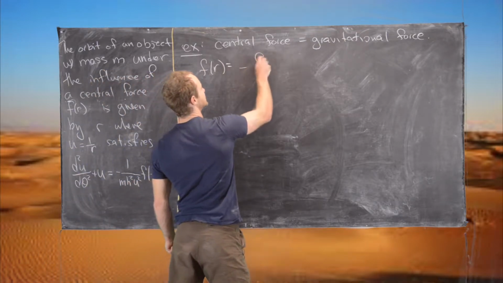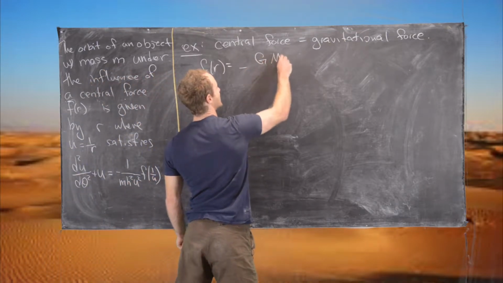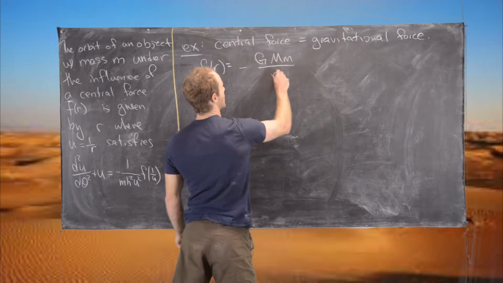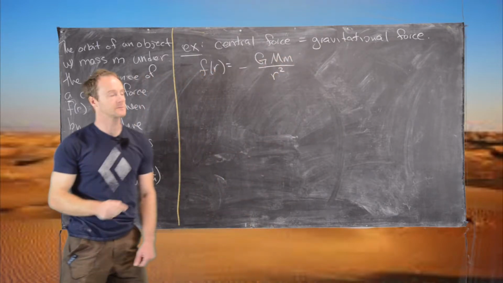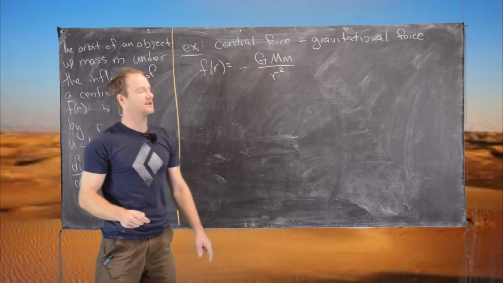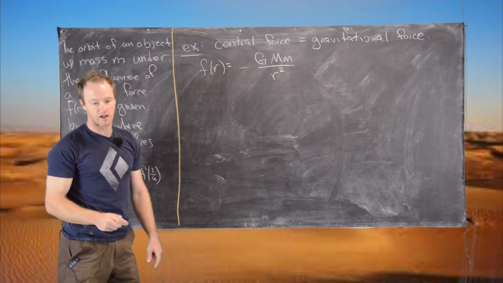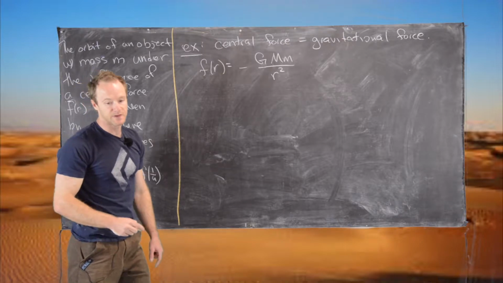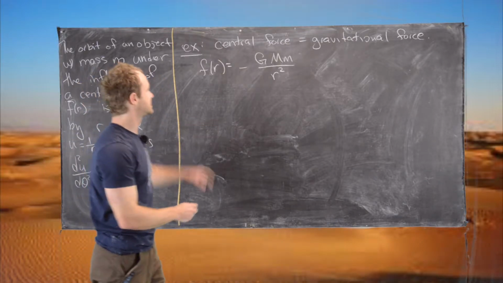So it's minus G times capital M times little m over r squared, where capital M is the mass of the large object, little m is the mass of the small object, and so on and so forth.